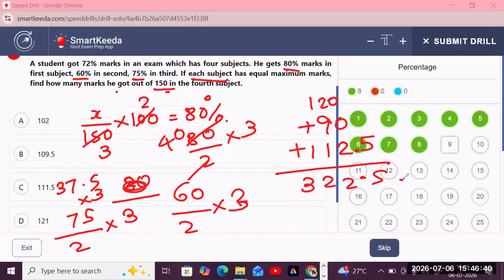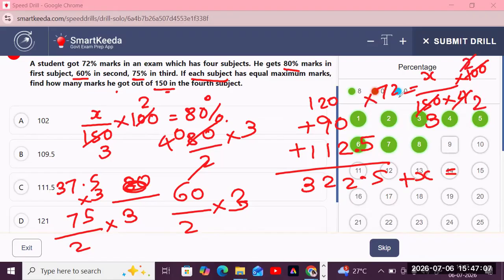इतने मार्क्स आए हैं प्लस x बस फोर्थ सब्जेक्ट विच इज इक्वल टू, अगर 72% सारे मिला के 4 सब्जेक्ट्स में आए हैं तो वो सारे 4 सब्जेक्ट को x 150 इंटू 4 इंटू 100 इज इक्वल टू 72%. वो यहाँ पे 3/2, 2/2 यहाँ पे आ जाएंगे 6, 12, 4, 3.